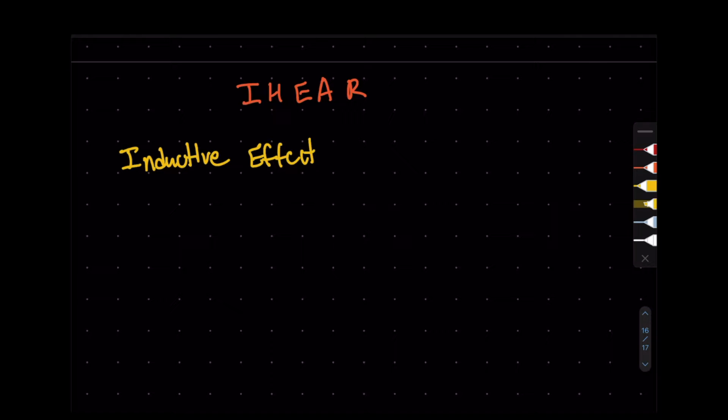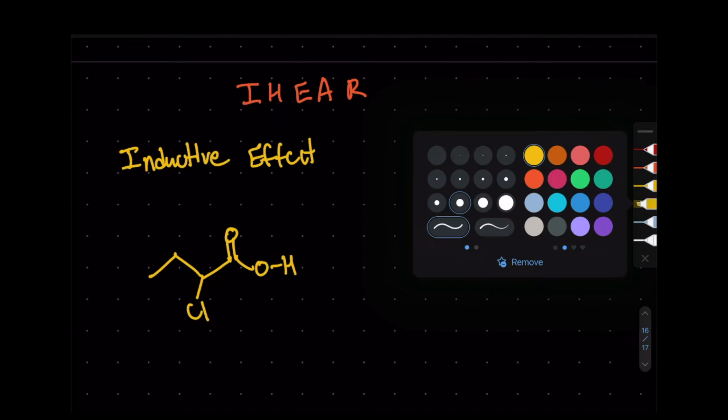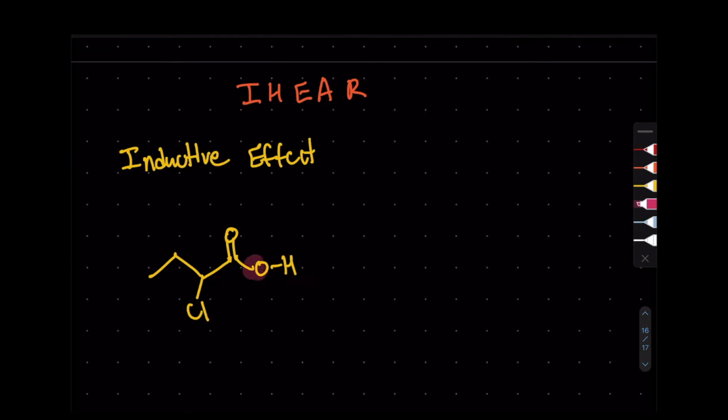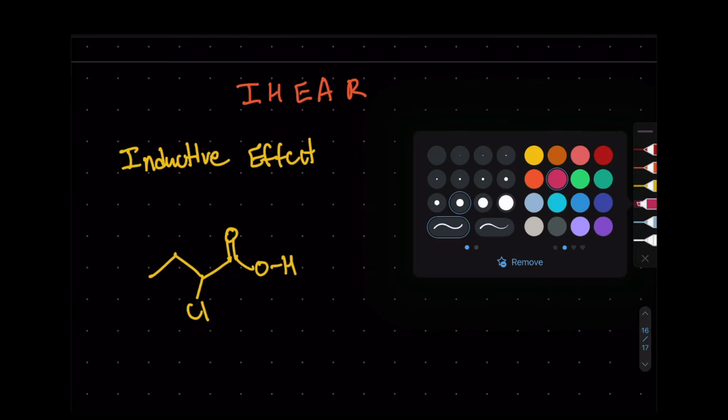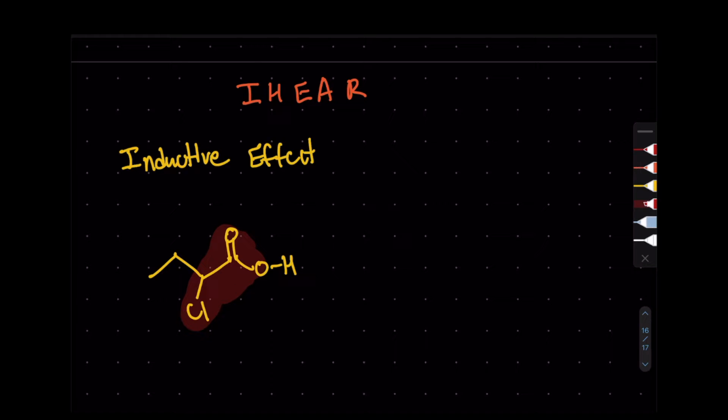Inductive effect just means that if there is any electronegative atom nearby the acid, let's say an OH group right here, or a carboxylic group, anything, the electronegative atom near this will help pull the electron density away from the hydrogen, so that it is exposed to make it much easier for the base to deprotonate.